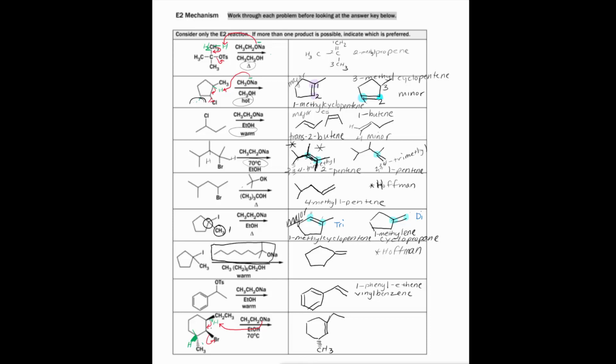So let's name this compound. This is a cyclohexene. And I'm going to start numbering it here. 1, 2, 3. So this is 1-ethyl, 3-methylcyclohexene. We do have some stereochemistry that we need to talk about right here.